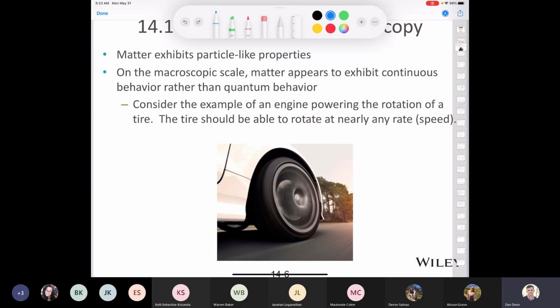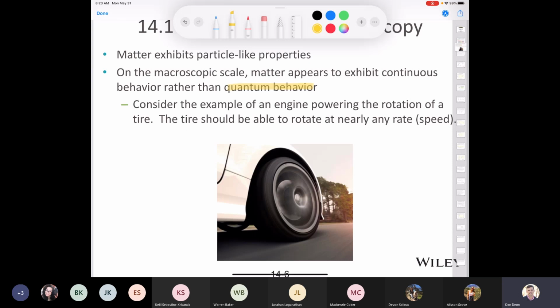Now, if you think of classical mechanics, and I'm sure that many of you have studied physics, and if you haven't, don't worry about it. On a macroscopic scale, matter appears to exhibit continuous rather than quantum behavior, right? You remember from General Chemistry 1, quantum behavior, where the energy levels of the electron in a hydrogen atom, let's say, could only exist in certain discrete levels. It couldn't exist in between.